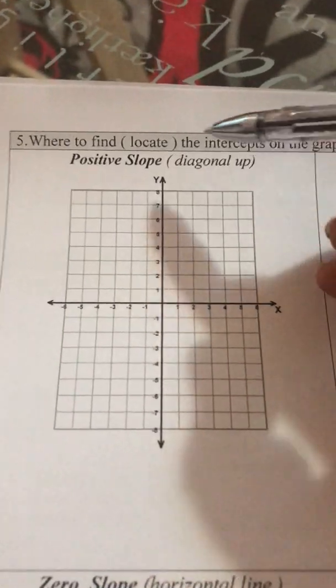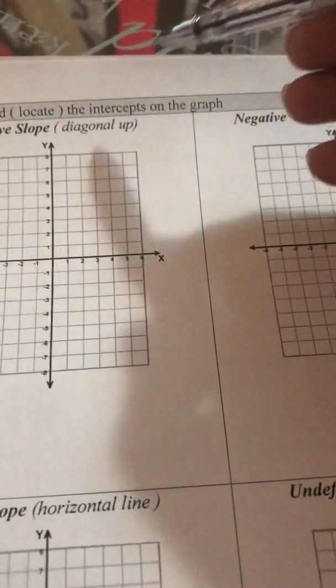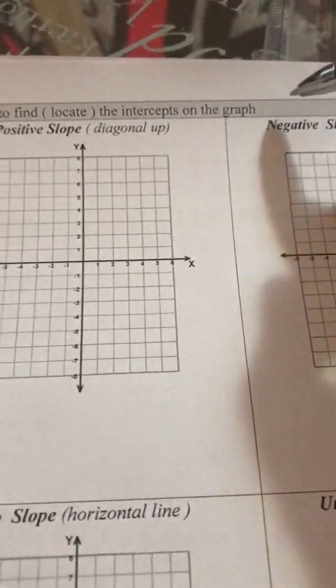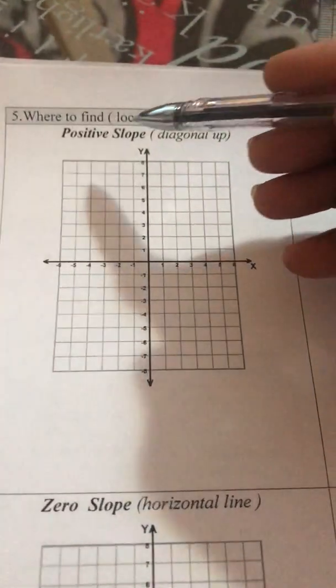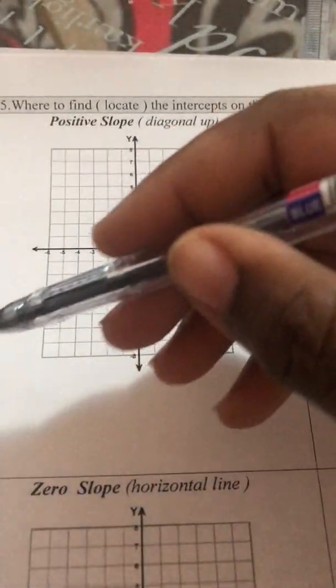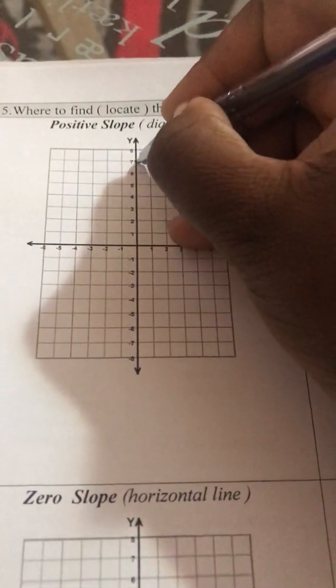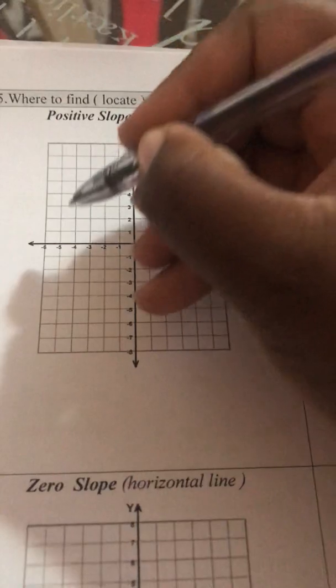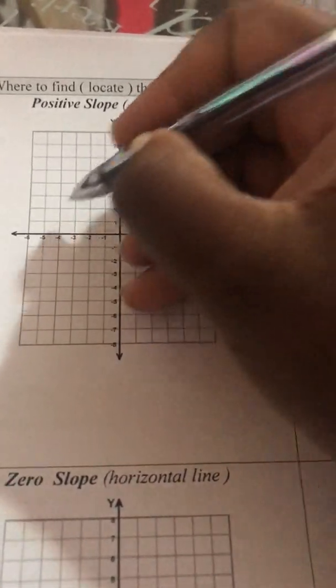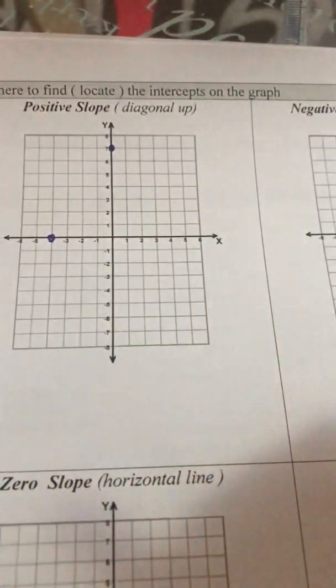Now, where to locate the intercepts on the graph? If you have a positive slope, that means your line is going up. This is your y-intercept, and the x-intercept can be there.